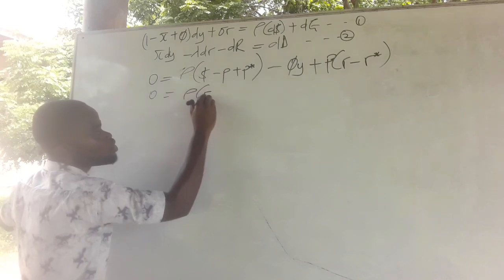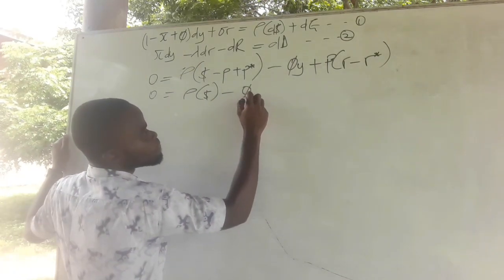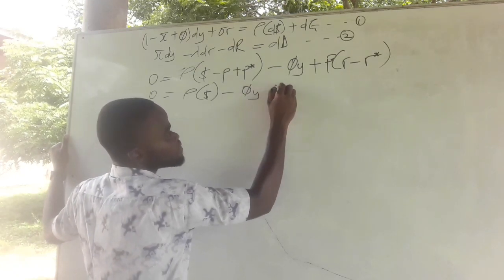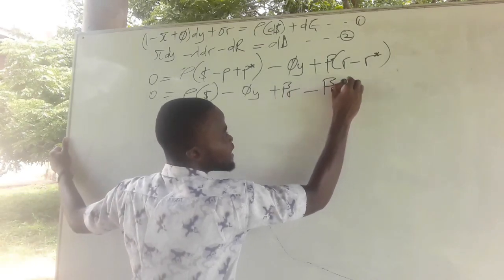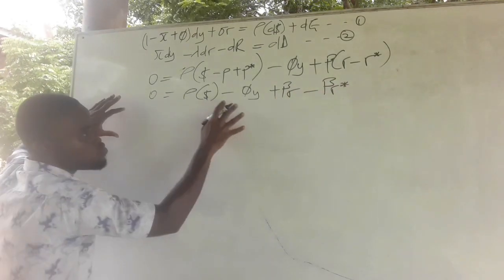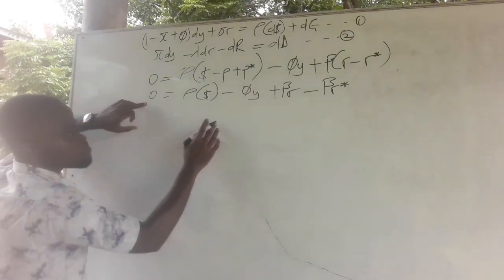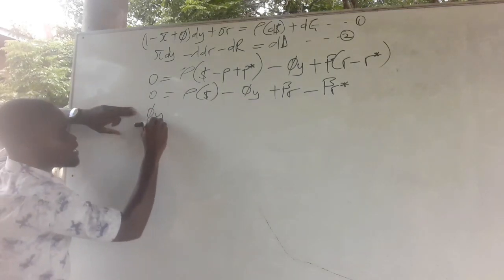Now let's simplify this equation. We get rho dollar sign minus theta y plus beta r minus beta r star. Now we have to group variables of interest and the policy variables. Among the variables of interest, we have theta y here, which will come to the left.